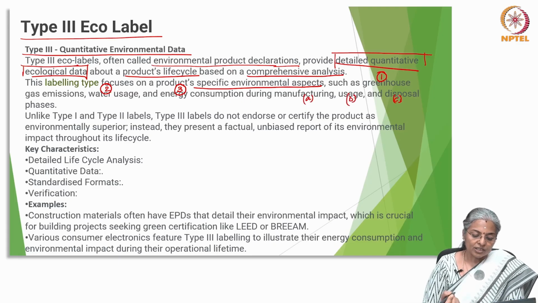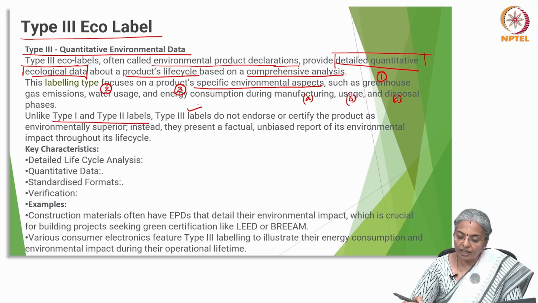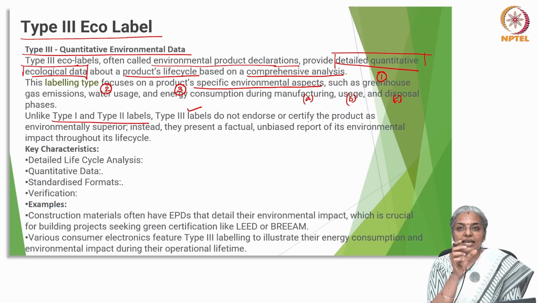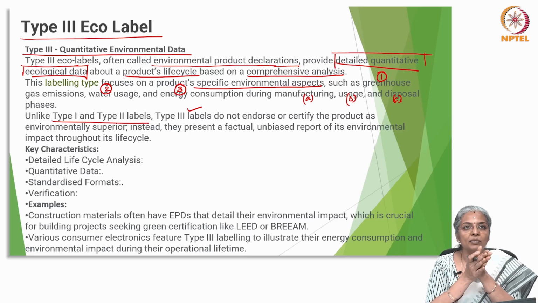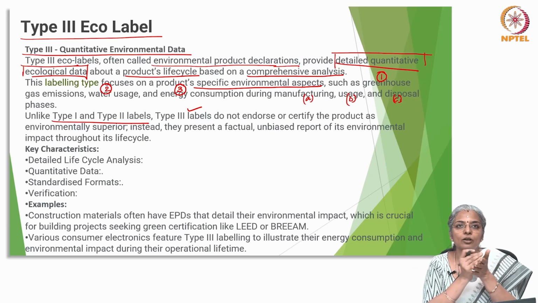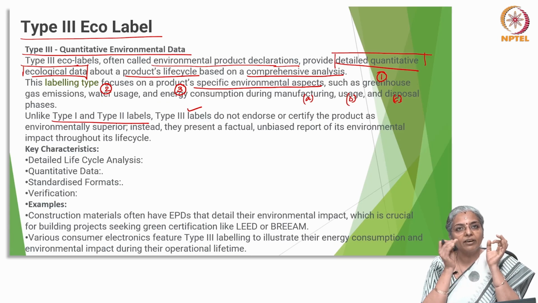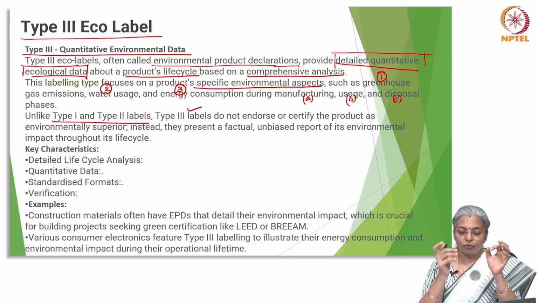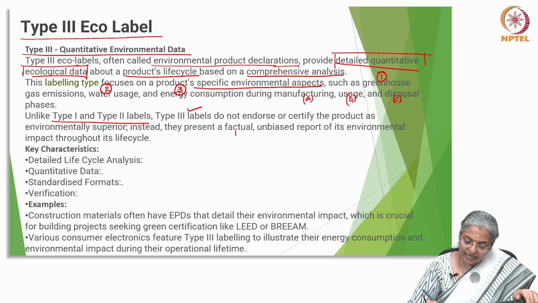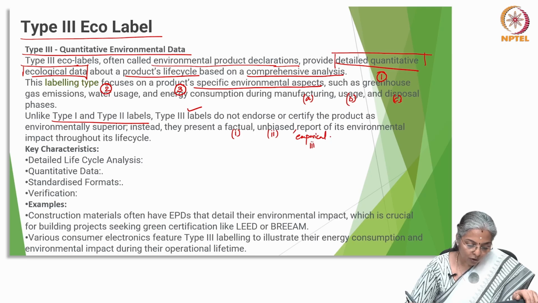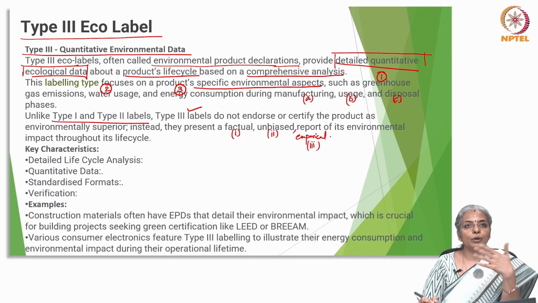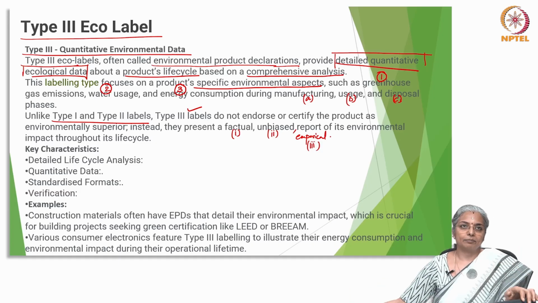So, unlike type 1 and type 2 labels, type 3 labels do not endorse or certify the products in qualitative means, by saying it is environmentally superior or something like that, but it will give a very empirical, factual, unbiased, empirical report of the environmental impact of the product throughout its life cycle.